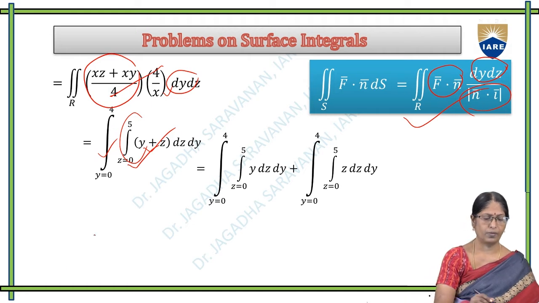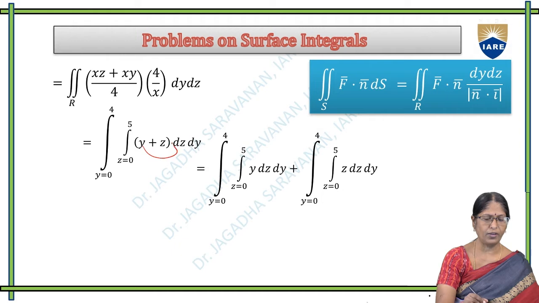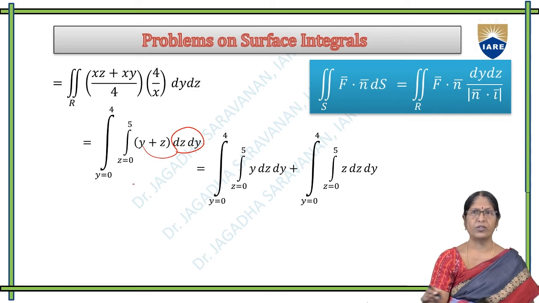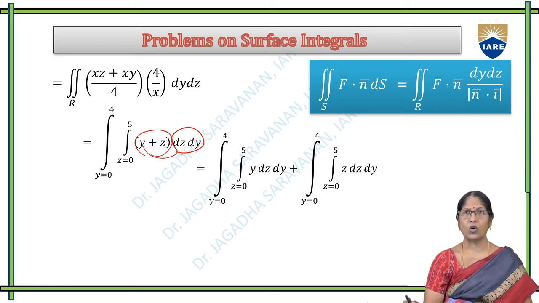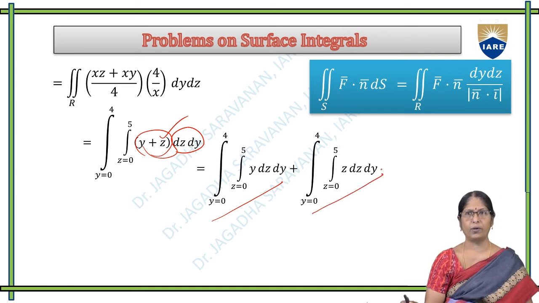Now, this y is here. We can write it as a double integral. Two terms are there, so for the y term we write one double integral, and for the z term again a double integral.